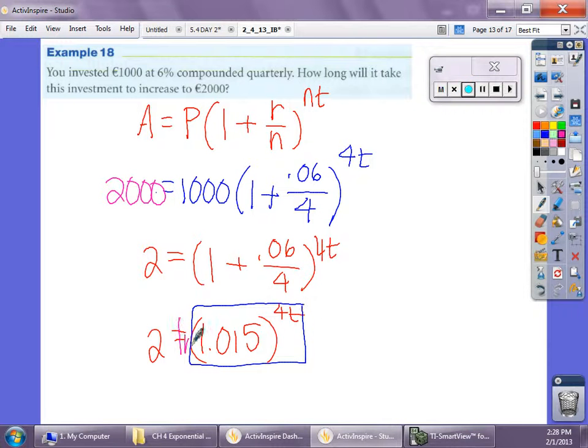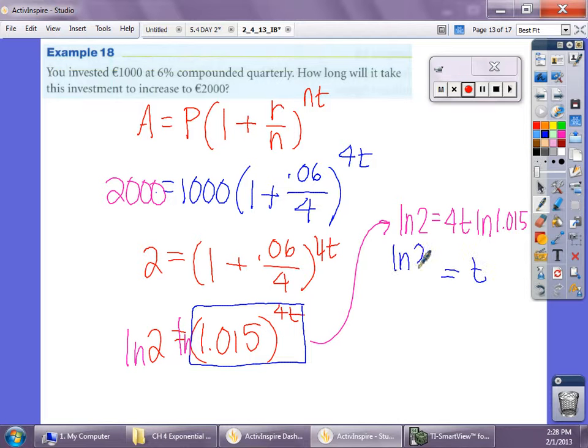I can take the ln of both sides. I end up with the ln of 2 is equal to 4t times the ln of 1.015. And then to solve for t, t would be the ln of 2 divided by 4 ln of 1.015. So I divided both sides by the 4 and both sides of the equation by the ln.